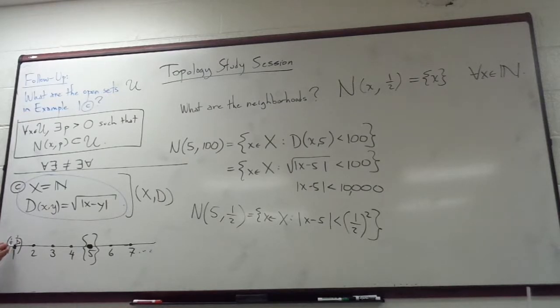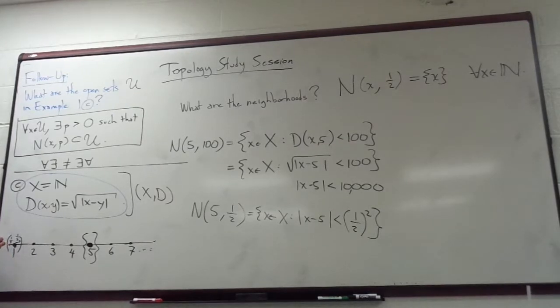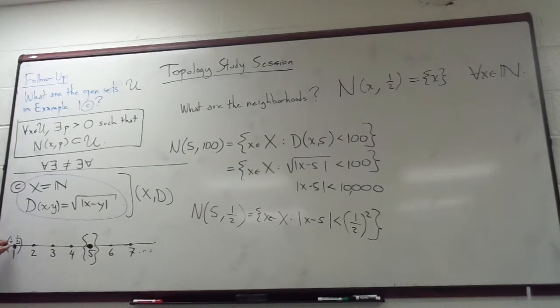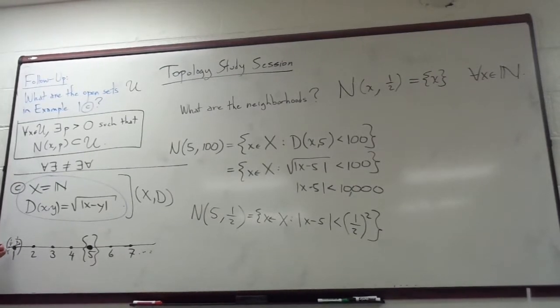It includes 1. It doesn't include anything else. It doesn't matter because there's the next natural number. Well, there is no natural number to the left of 1. So there's no other dots inside of that interval right there. So this neighborhood just has that 1 point in it. There's no difference between how you treat this point versus any other point, actually.